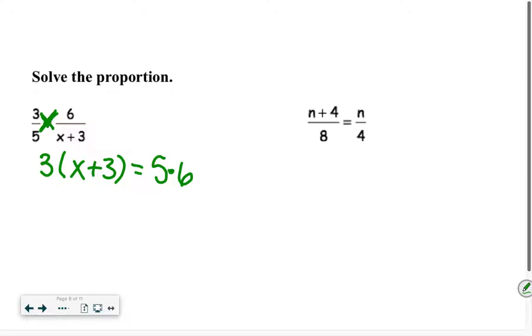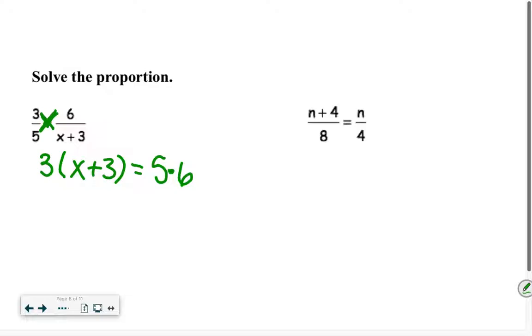Questions about where that came from? No, we're okay? Which one you keep on top and bottom doesn't matter to find x.